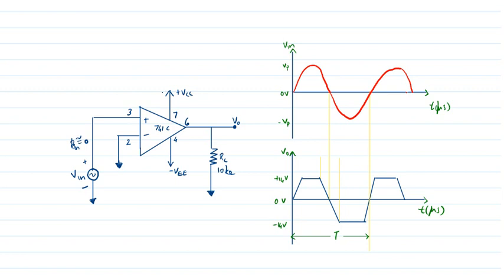You can see here that for IC 741 we are applying 15 volt plus VCC and minus VCC. The input is applied here, it is V in.